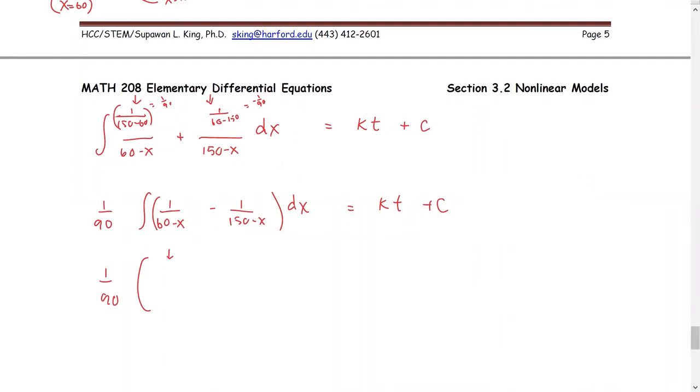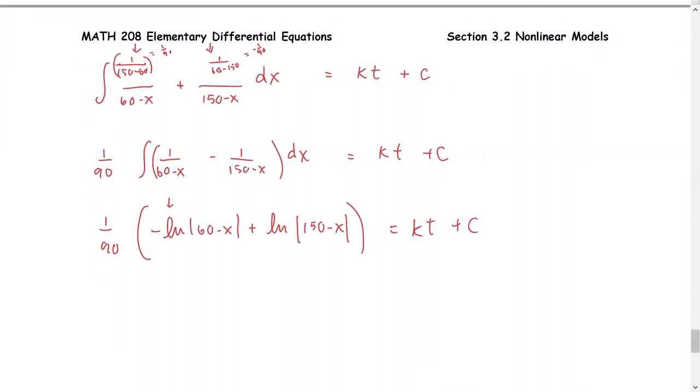The first one, you're going to get negative natural log absolute value of 60 minus x. The second one, negative becomes positive, so natural log absolute value of 150 minus x, and then equals k t plus c. Okay, combine the two logs. Now we have natural log absolute value of 150 minus x over 60 minus x.